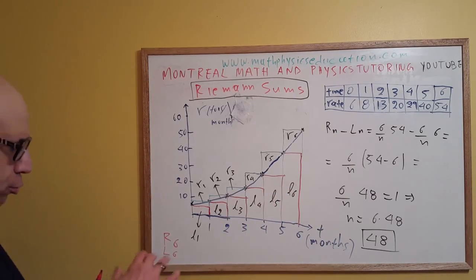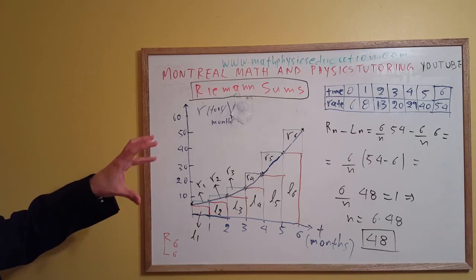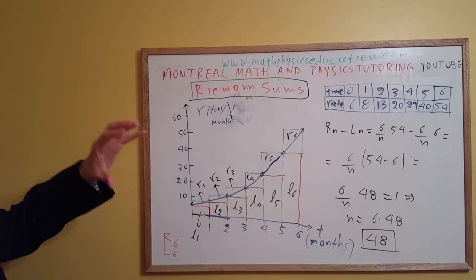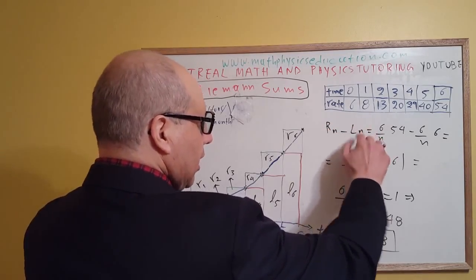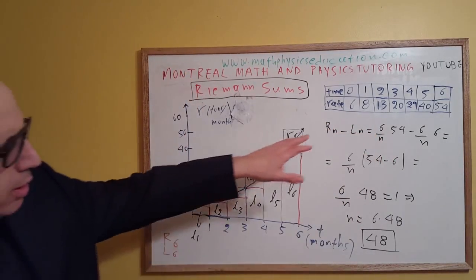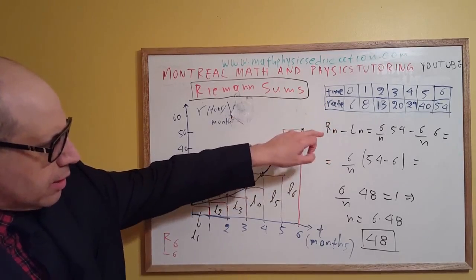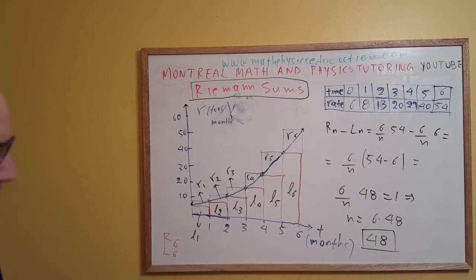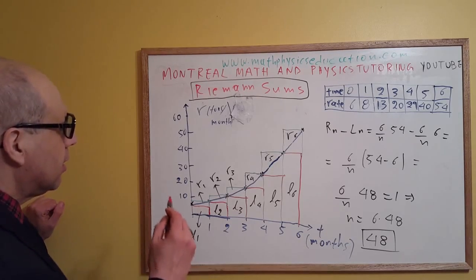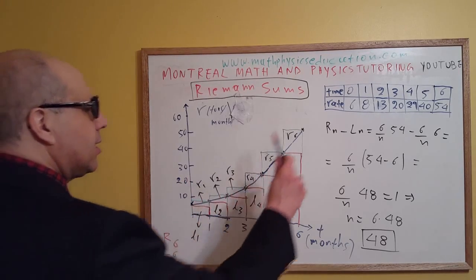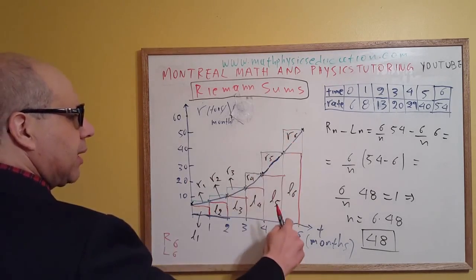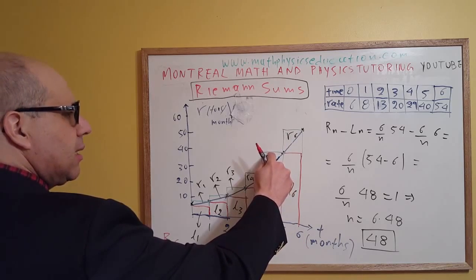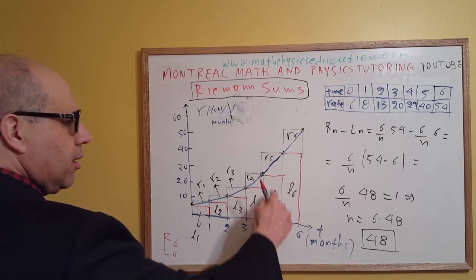So what you have to do is subtract them, to create this Rn minus Ln, in order to find the n for which this difference will be exactly 1 ton. If you start from R6, you have this big rectangle, and then you have this R5 rectangle.